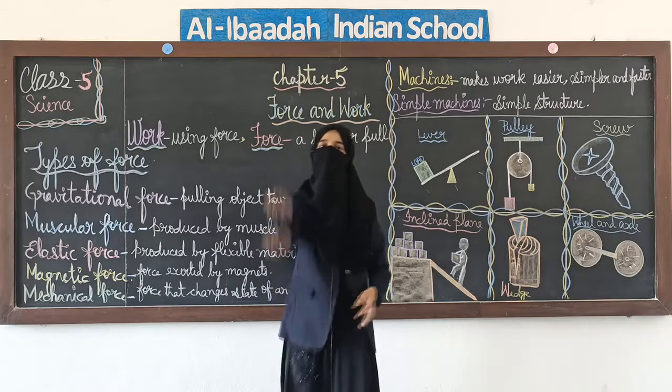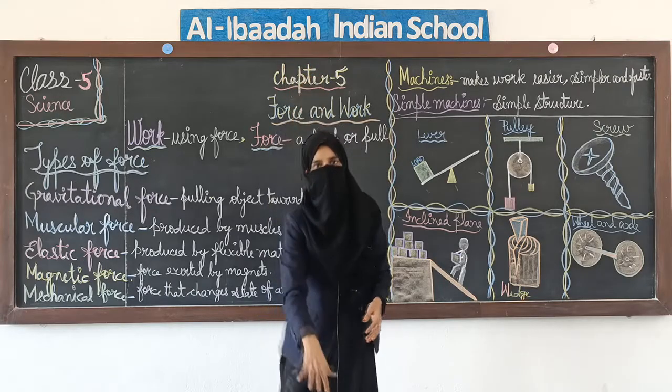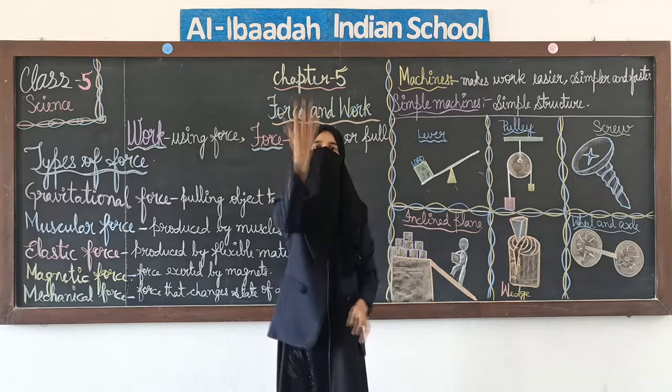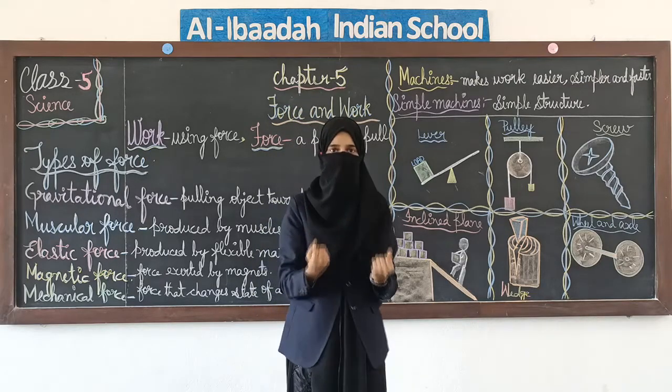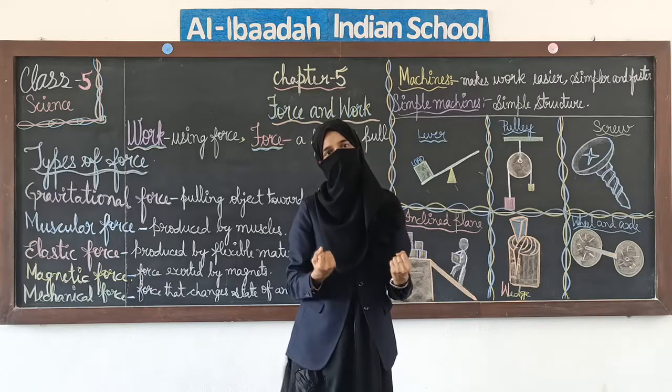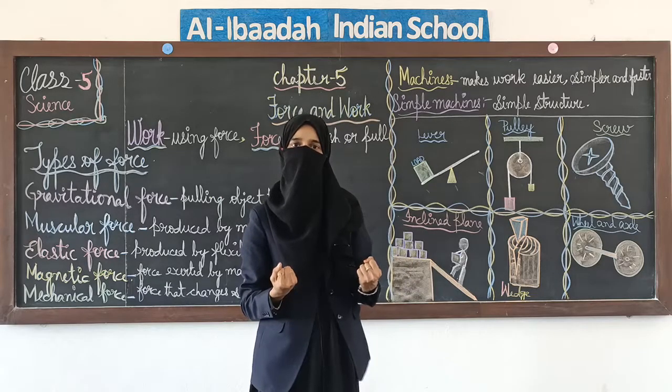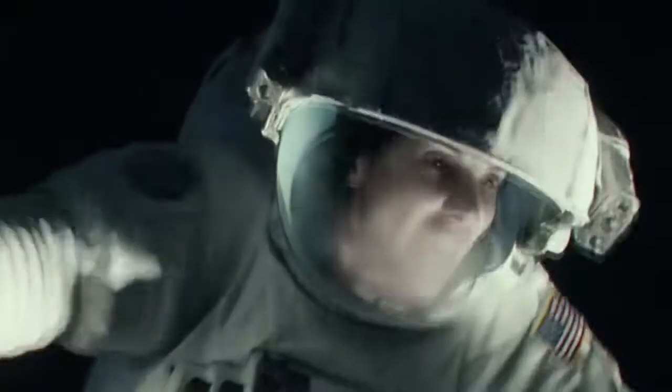When we throw an object in the air, it falls down. Like I threw a chalk piece upside, it fell down because earth has got certain gravity. Have you seen an astronaut? Yes, on TV or phone, anywhere. They wear a kind of suit, and they keep floating. Have you seen?